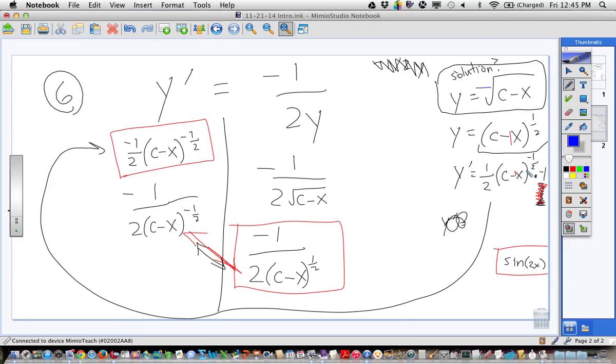I'm not going to work through it, but let's look at what would happen. If there was a negative here, when you bring the 1/2 down in front, that would be negative, but then when you kick out the negative 1, it would turn positive. So this would all be positive over here. And on this side, you would have a negative square root here. So you'd have a negative on the bottom and on the top, and that would cancel, and so it would turn positive.